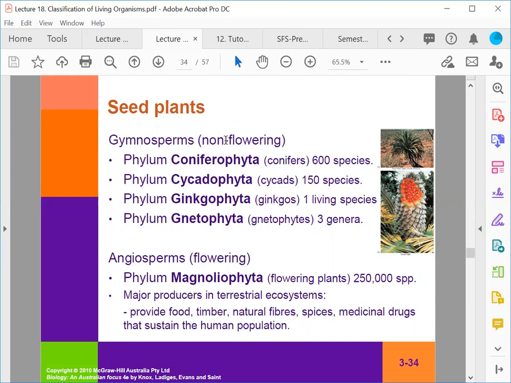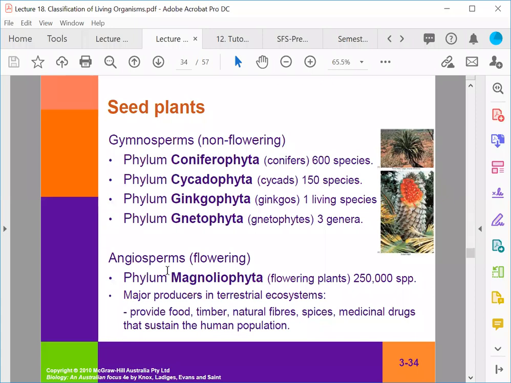All right, so the gymnosperms, non-flowering plants, so they don't produce flowers, they do bear their seeds in cones. So this includes 4 phyla, the conifers, the cycads, and we have a cycad pictured here and a cone of a cycad. Then we've got just 1 living species of ginkgo and the gnetophytes.